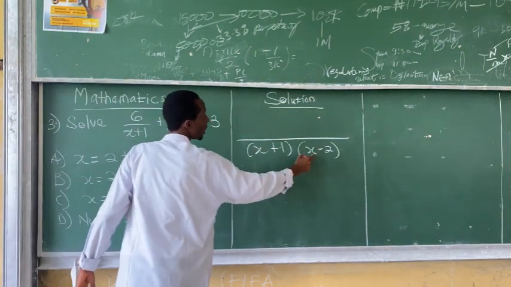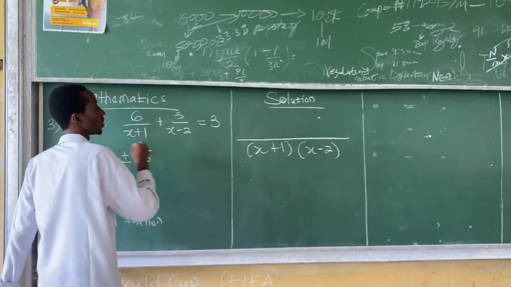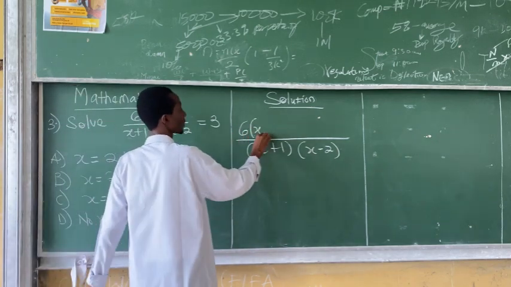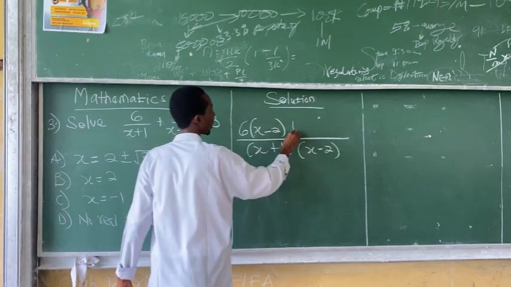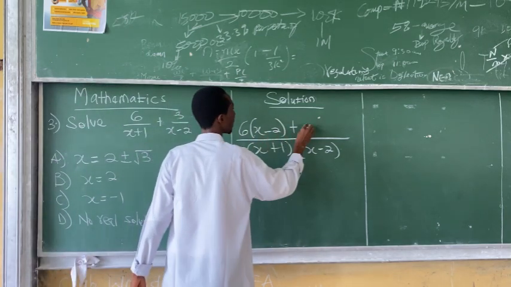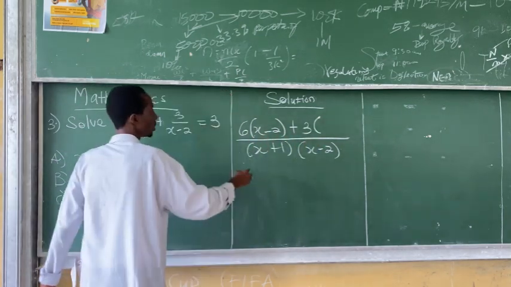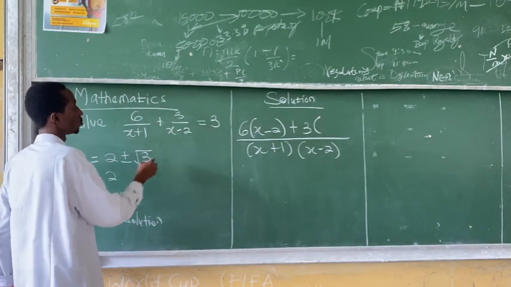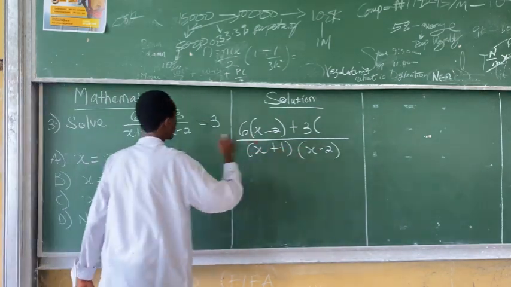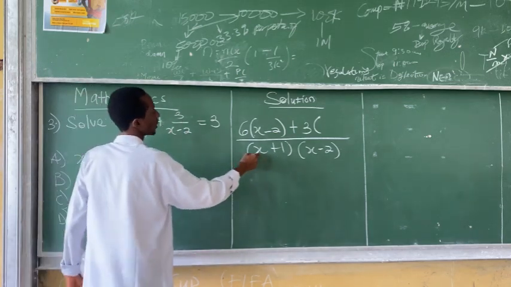X minus 2. X minus 2 times 6, we have 6 into x minus 2. The sign here is what? Plus. So we have plus. You bring this out. 3 into this denominator divides x minus 2. It will cancel. X minus 2 will cancel itself. We have x plus 1.